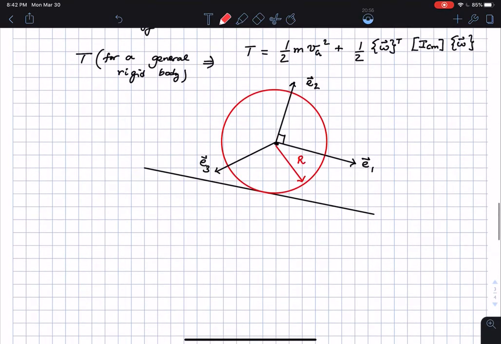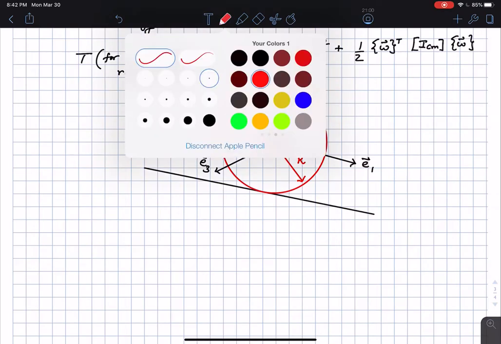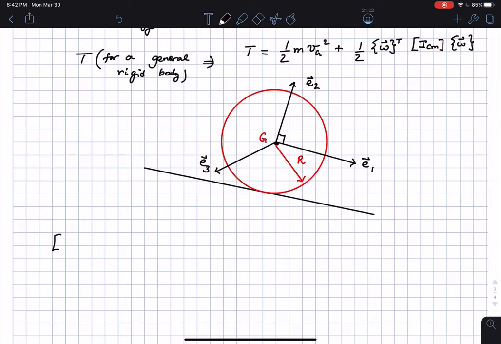This is the center of mass G. If I write I_cm, which is I about G using the 1 2 3 coordinate frame, this is going to give us a diagonal matrix, which is one of the main reasons why we are making use of the principal coordinate frame.